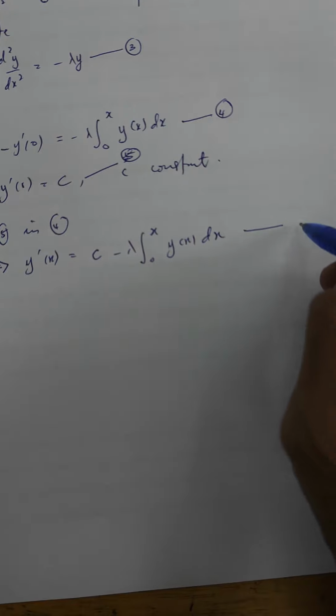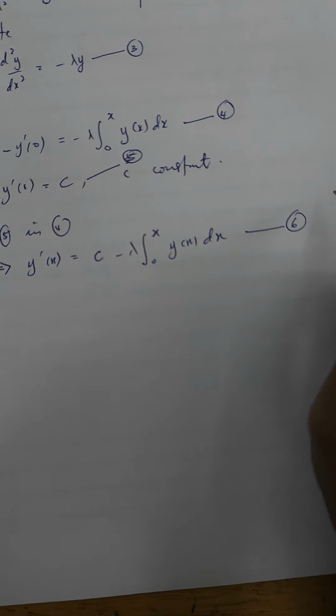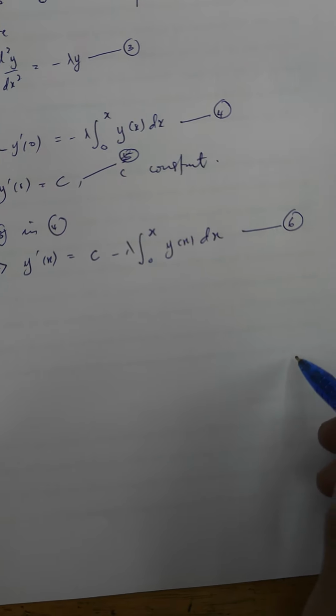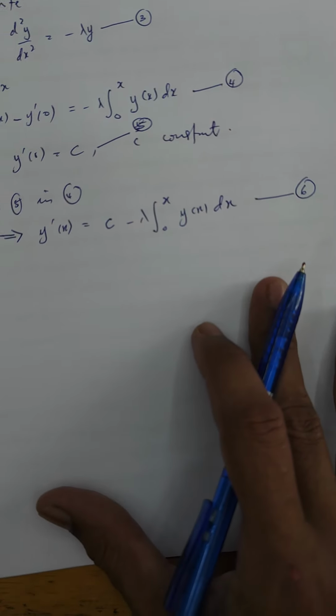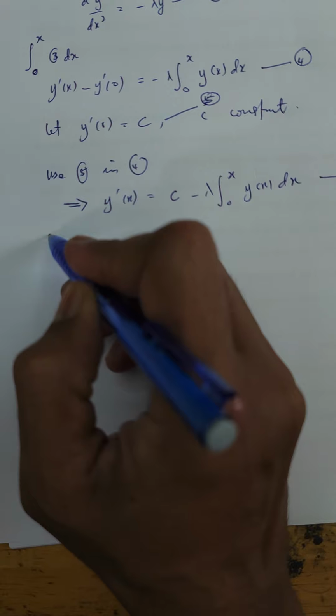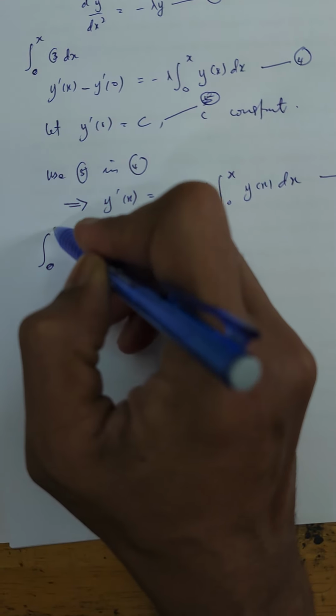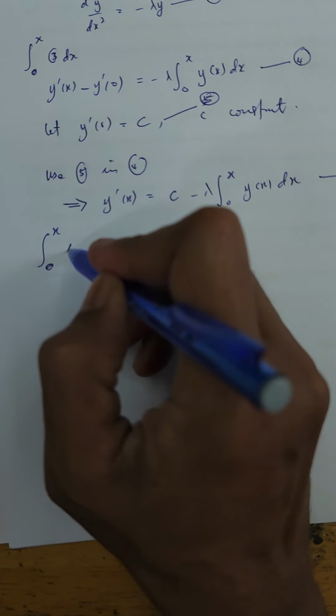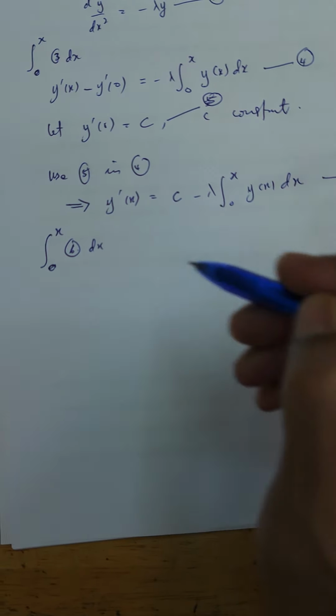Let's call this equation 6. Alright, now we integrate 6 again, from 0 to x, with respect to x.